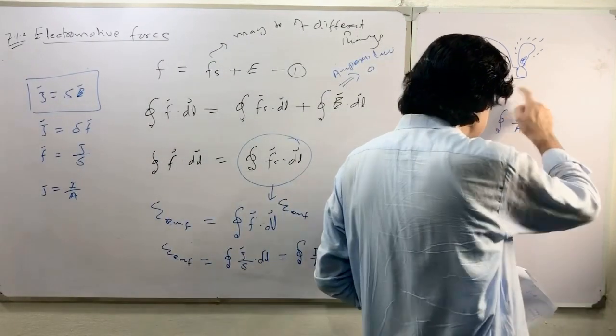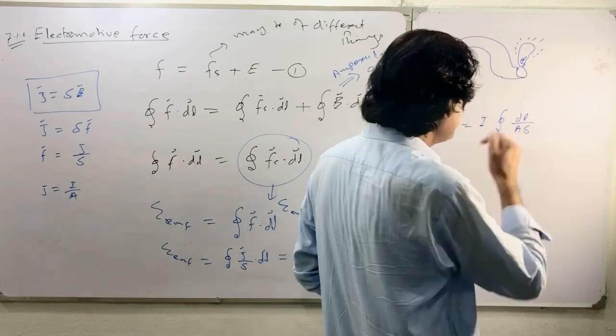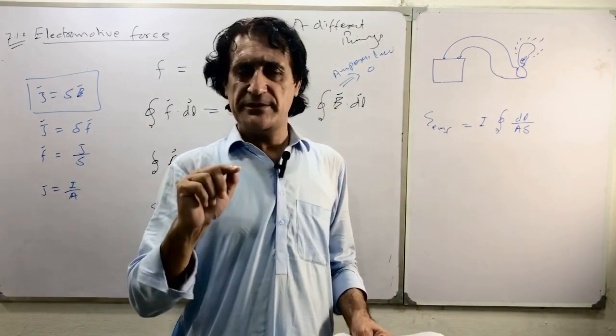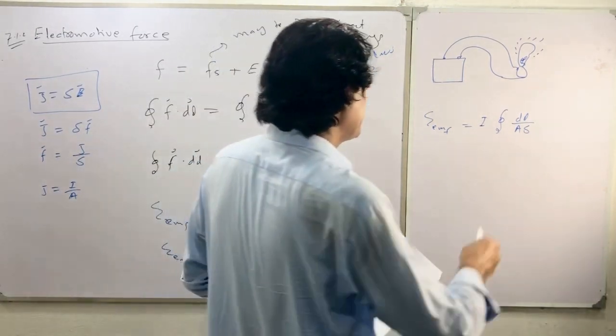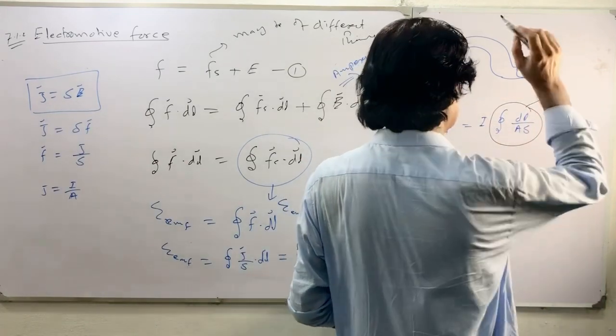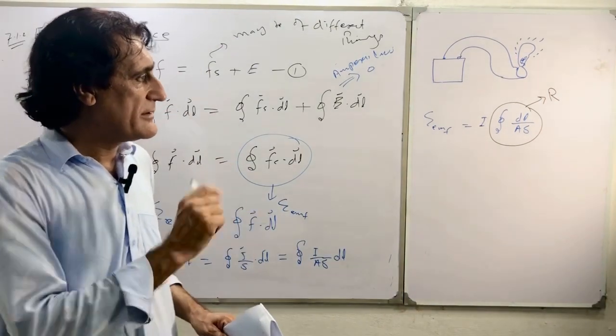This integration term, which involves length, area and sigma, the reciprocal of resistivity, is nothing but R, the resistance, which depends upon the length and area.